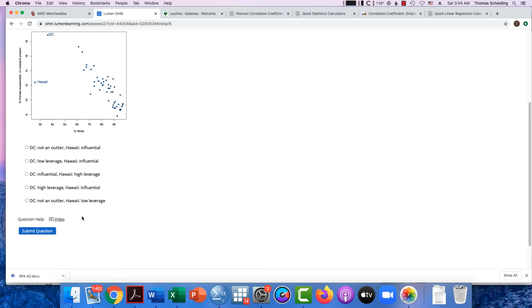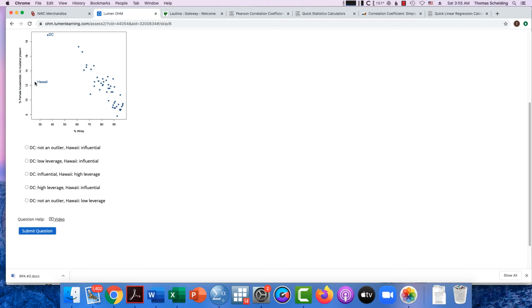Now, that's where we need to know what the term influential means. When something is influential, that means that it's influencing or affecting the slope coefficient or parts of the regression analysis. Both outliers and high leverage data points do have that influence. So it turns out that there's just not a lot of white people in Hawaii.